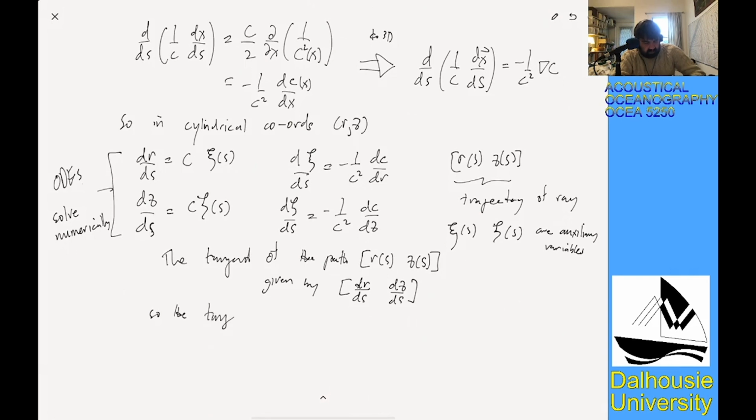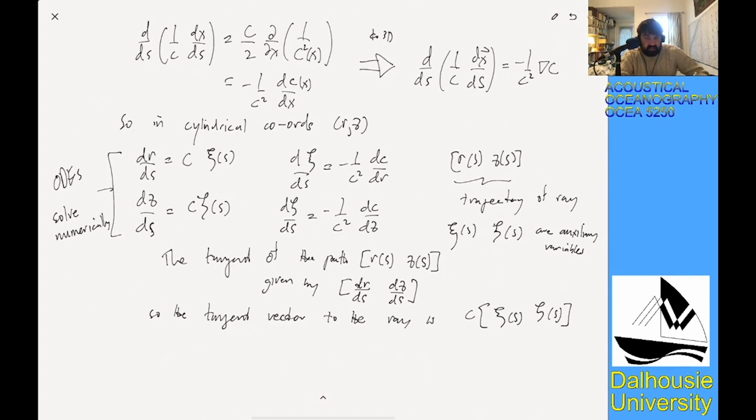So the tangent vector to the ray is c psi(s), zeta(s). Okay.